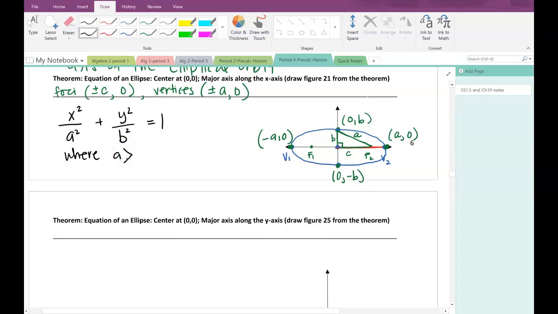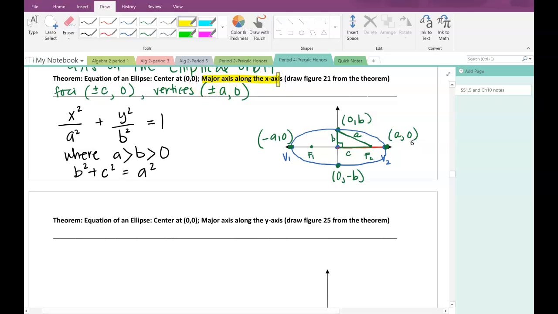So A is going to be bigger than B, and both of them will have to be positive, which is greater than 0. Now, based on the Pythagorean theorem, since A is the largest value, it's going to be b squared plus c squared equals a squared. Okay. And the major axis, it's on the x-axis. All right, that's what it says right here.